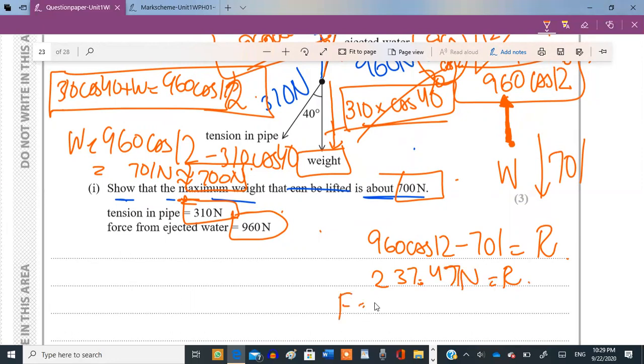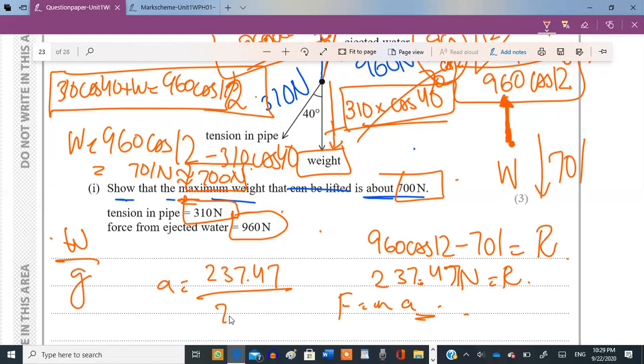Now you have your resultant force. You can apply the formula F equals ma to calculate the acceleration. Acceleration is equal to resultant force 237.47 divided by the mass of the system. What is the mass of the system? The mass of the system is actually the weight of the system divided by 9.81. Weight is 701. Divided by 9.81 means that the numerator will get multiplied by 9.81.